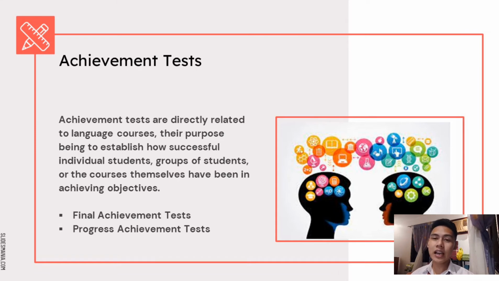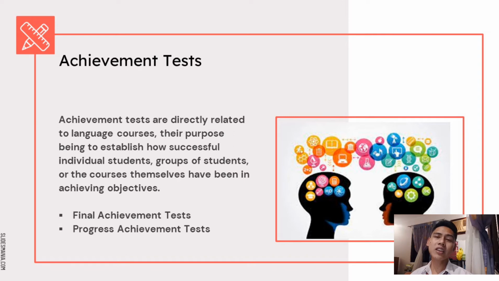Unlike diagnostic, aptitude, and placement tests, achievement examinations only include material that a student should have learned in their previous classes. Typically, achievement tests are administered after a class has completed a chapter or a unit, or at the end of the course, or at the end of the semester.